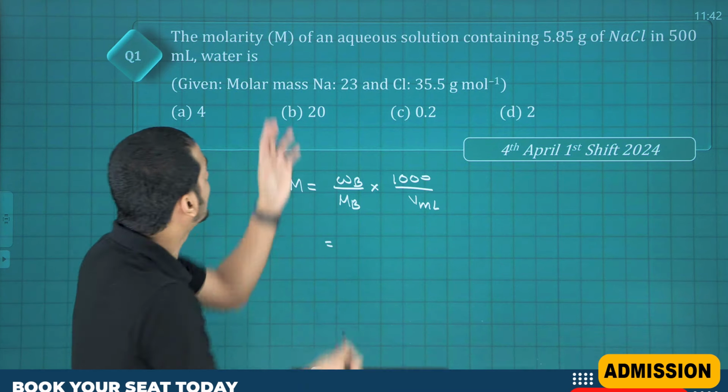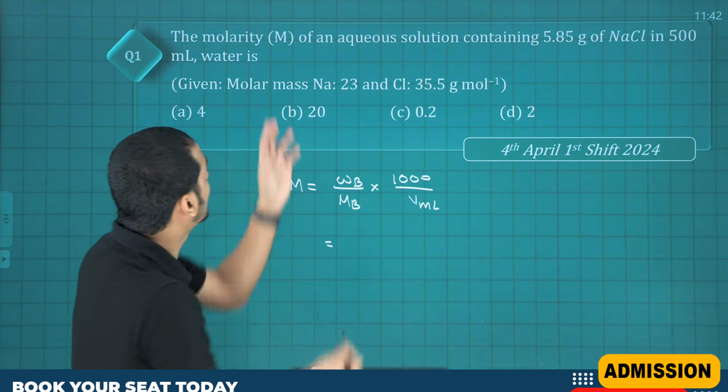We can say formula mass, that will be better because it is an ionic compound, correct? So its formula mass is how much? Na plus and Cl minus. Na is 23 and chlorine is 35.5, so that is 58.5. 58.5 into 1000 divided by volume in milliliter. What's the solution's volume? 500 ml.